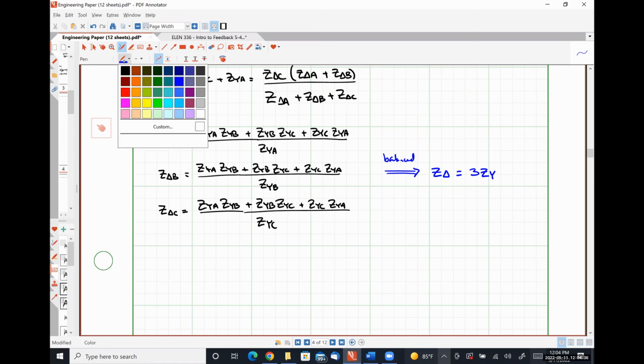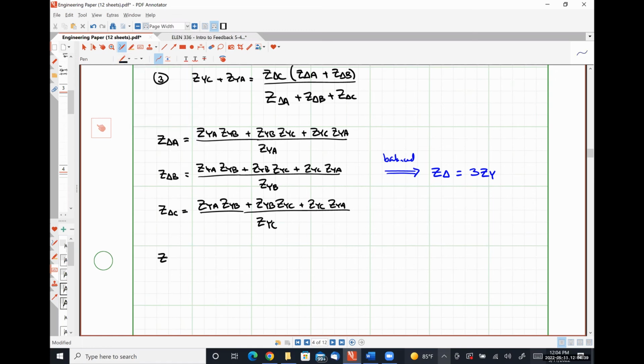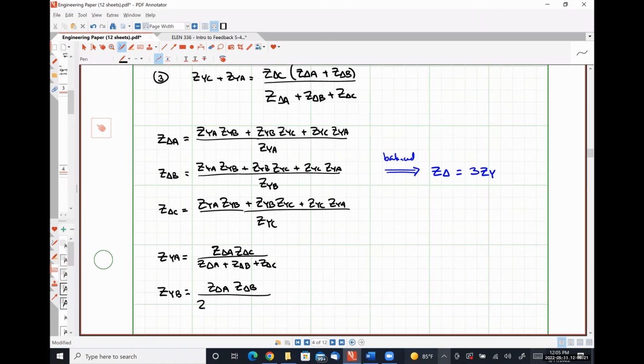Now, developing the other set of equations. ZYA is going to look like Z delta A, Z delta C over Z delta A plus Z delta B plus Z delta C. ZYB is going to look like Z delta A, Z delta B over that same denominator.